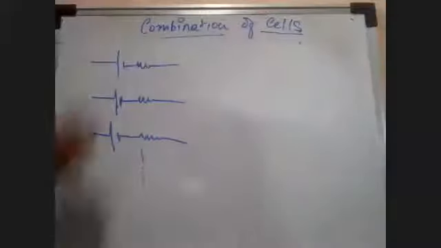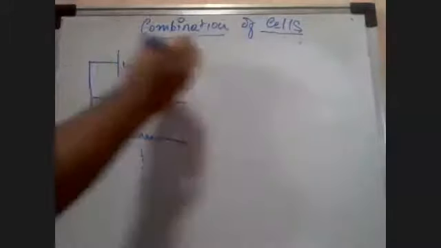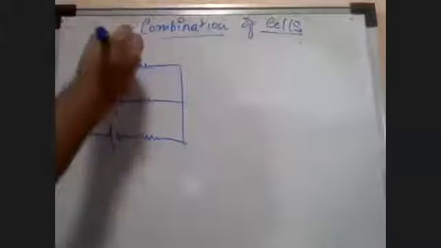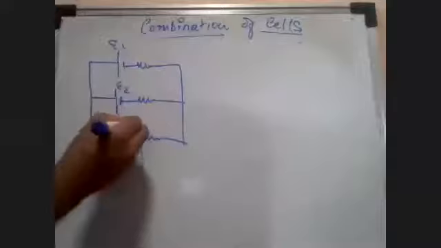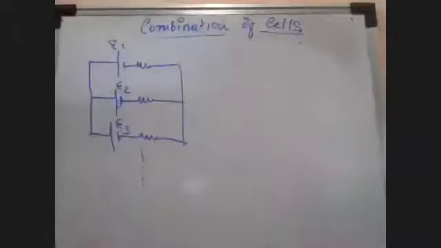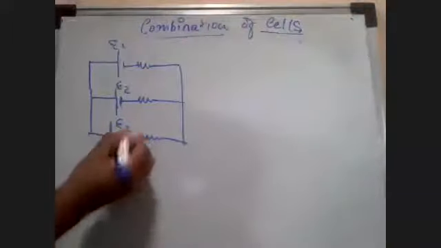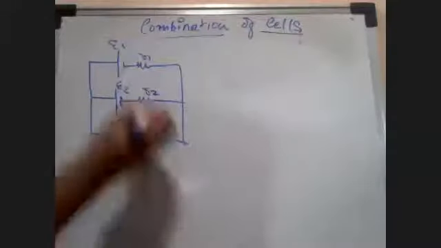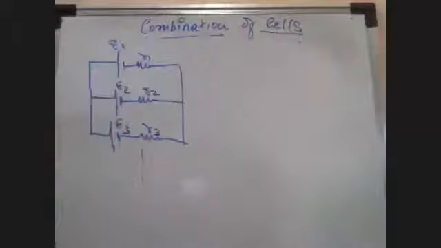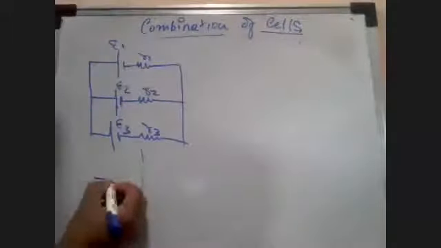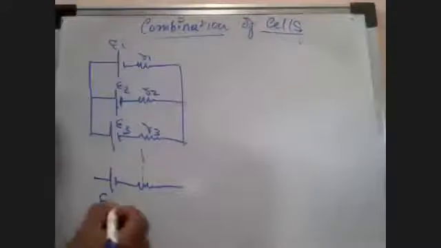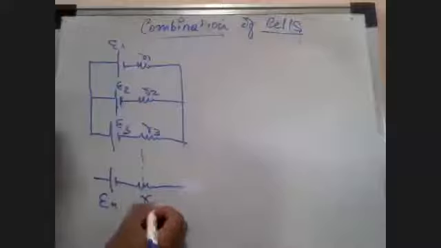So in this case, let's say this is epsilon 1, epsilon 2, epsilon 3, whatever you want to take, V1, V2, V3, doesn't matter. R1, R2, R3, where R1, R2, R3 are basically internal resistances. And this can go till epsilon n and R n.